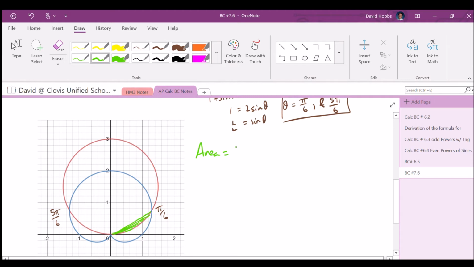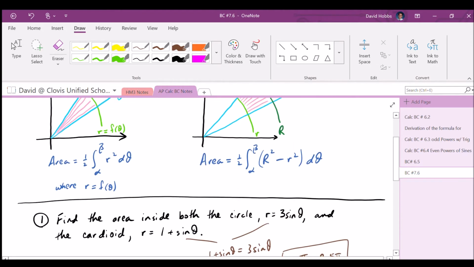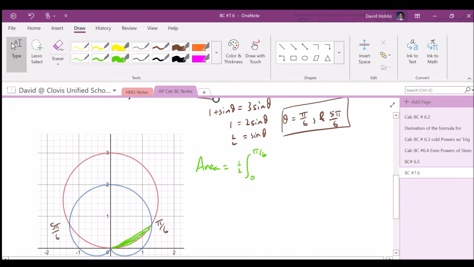So our area, we've got 1/2, and now it starts from an angle of 0 and goes to pi over 6. Okay, and my r is the circle, which is 3 sine theta, squared d theta.